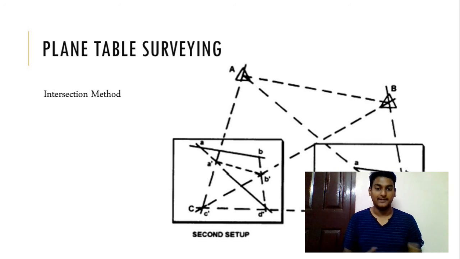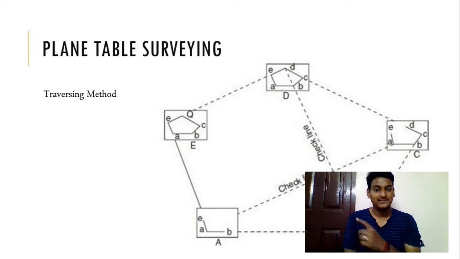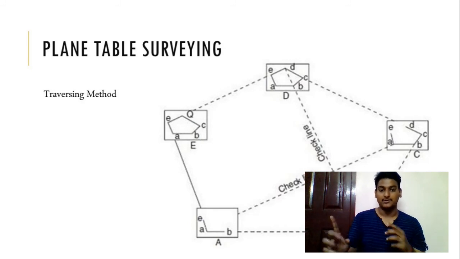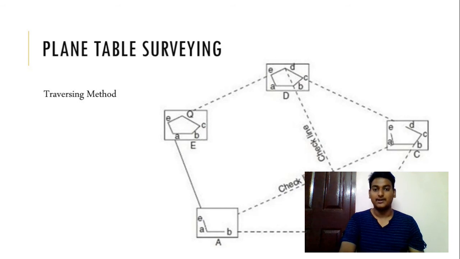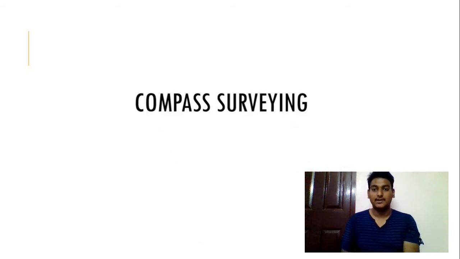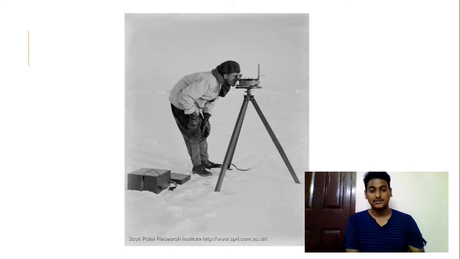Then the traversing method. The traversing method also deals with the alignment of the ranging rod and also the table, and angles are taken into consideration.